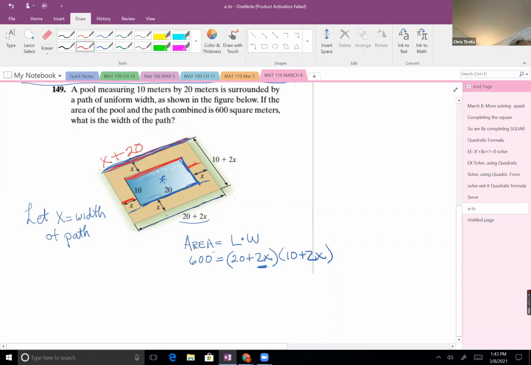And then on this side, I also have another X. So I've got that side of 20, and I'm adding X on both sides. And so that's where the 2X came from. Does that make sense? Yep. And likewise over here, this side is 10, but I'm adding X above and below. So I'm adding those 2 X's.